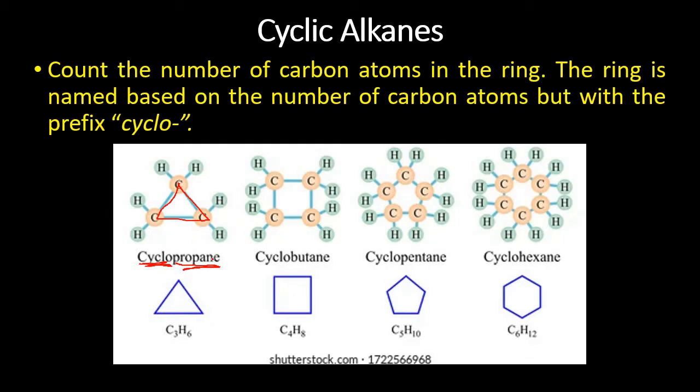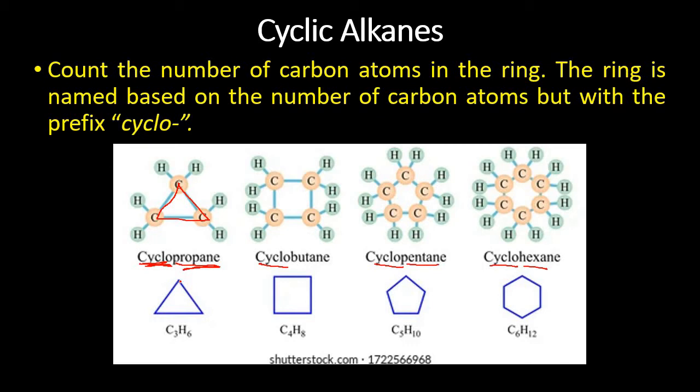So cyclopropane. Okay, another one, 4 carbon atoms. Normally, that is butane, but since the carbon atoms are in a ring structure, we add the prefix cyclo. Same with pentane, there are 5, the cyclopentane. Hexane, there are 6, cyclohexane.